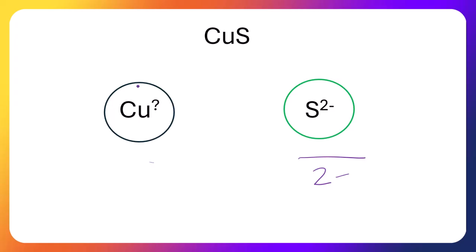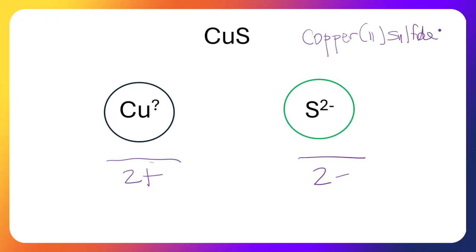And so then, in order to have equal quantity but opposite charge, a balance in the amount of positive and negative charge to give us an electrically neutral formula unit, this has to be +2. So this has to be copper(II) sulfide, and we would name this as copper(II) sulfide.